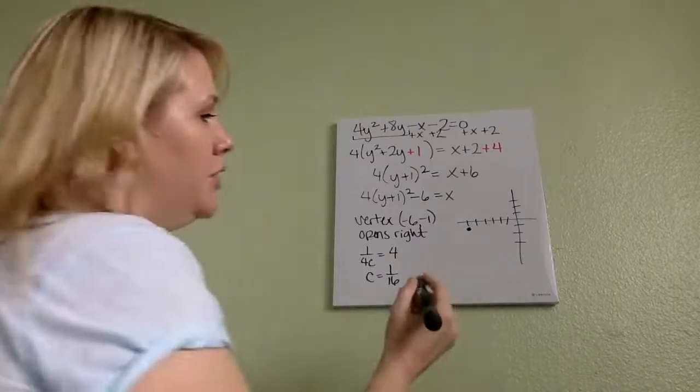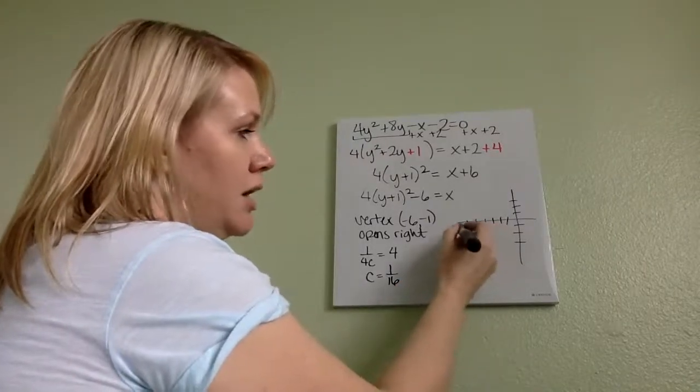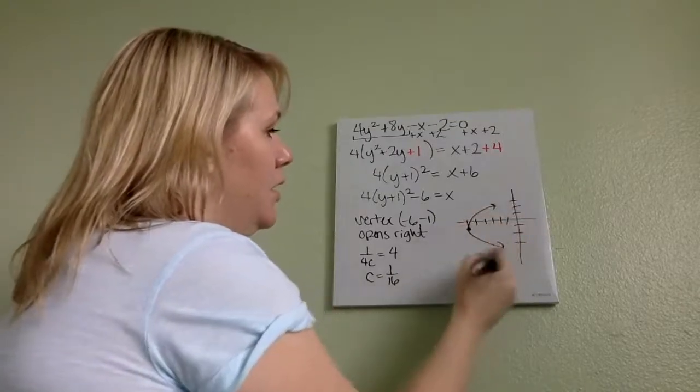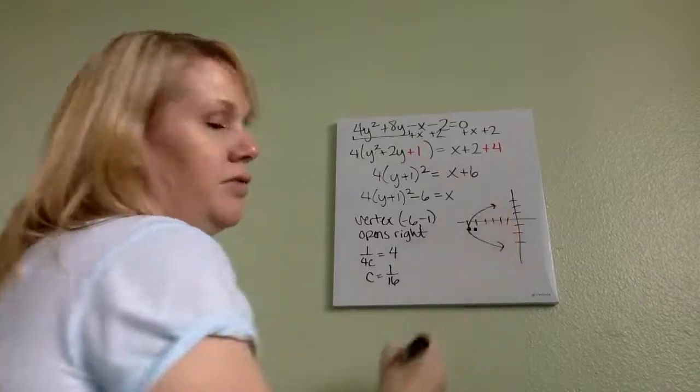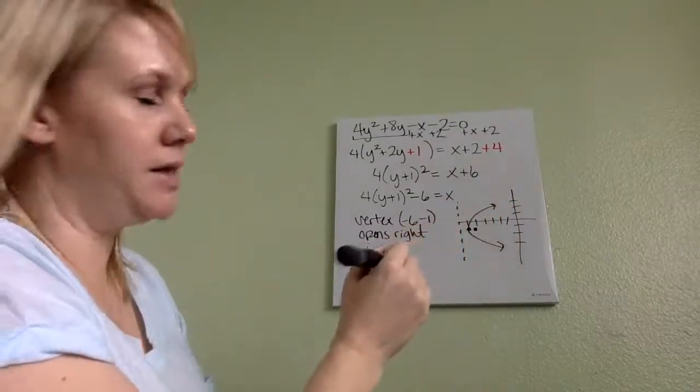That means that our focus and our directrix are going to be 1/16 in each direction from the vertex. So if the parabola opens like so, the focus would be on the inside of the parabola and the directrix would be on the outside. This is a very rough sketch, obviously, and not to scale either.